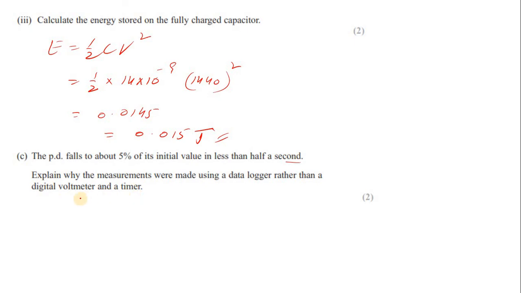We cannot measure the simultaneous reading of voltmeter and timing. But a data logger can read both the voltmeter and timer simultaneously, as well as record more voltage readings during a small interval of time. So that's how the data logger is used.